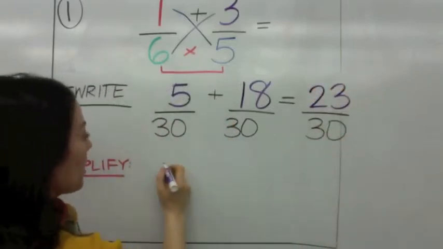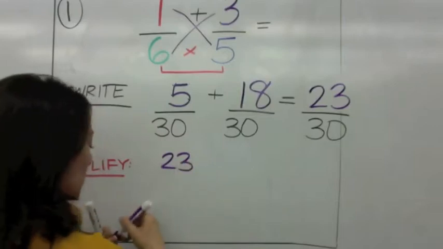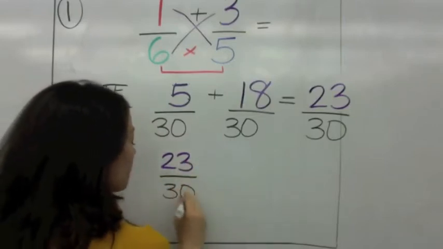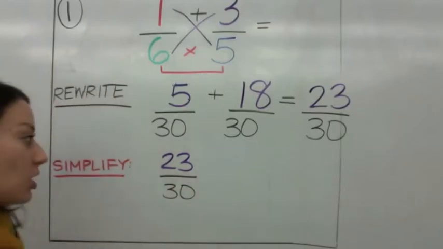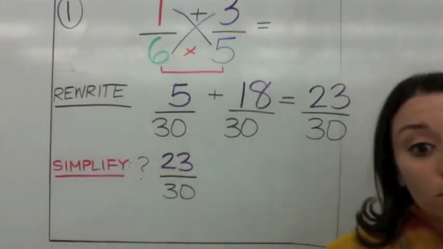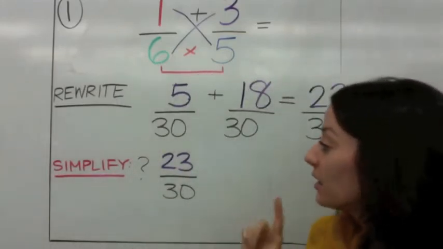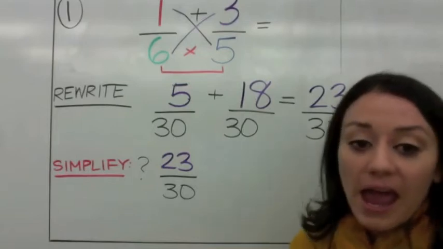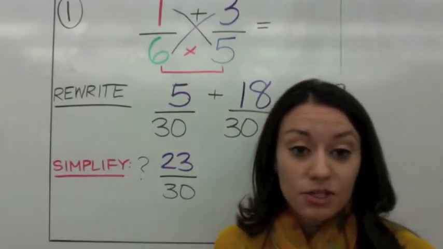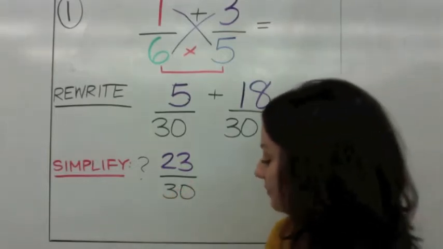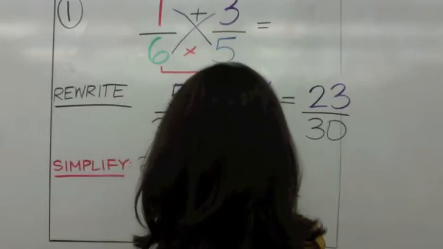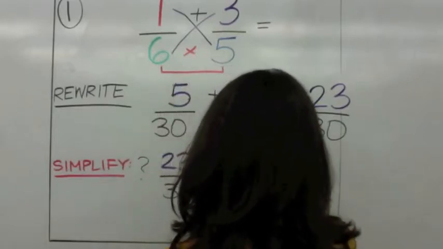So I'm going to write this fraction again, 23/30ths. And I'm going to ask you, can you simplify this fraction? Yes or no? Is there a number that you could divide both 23 and 30 by? No, right? Because 23 is odd, and it's also prime.